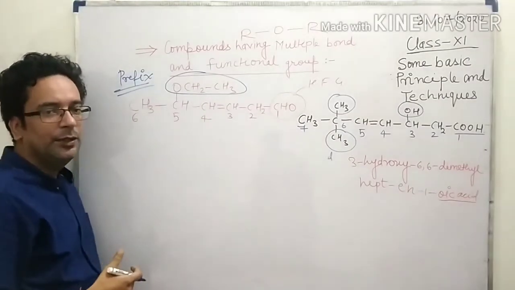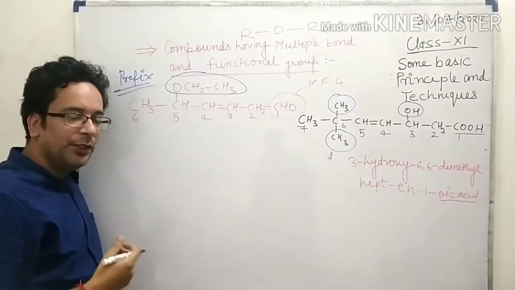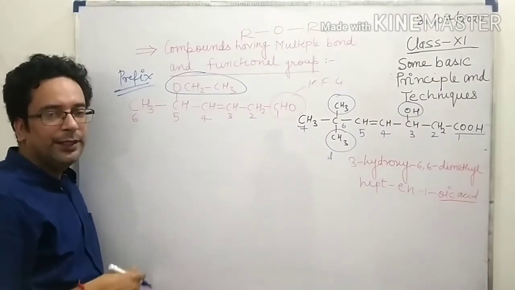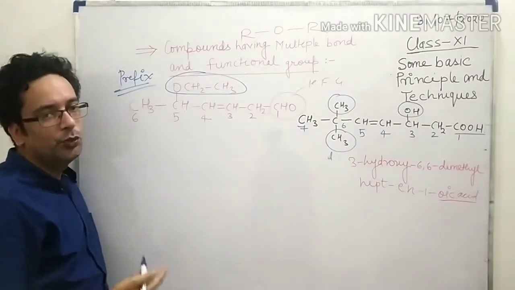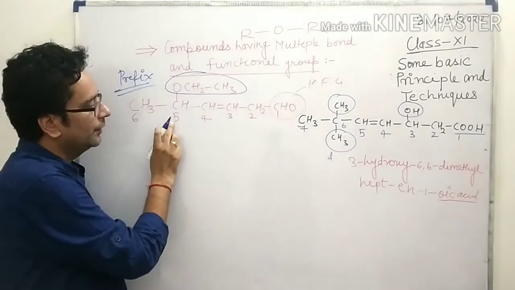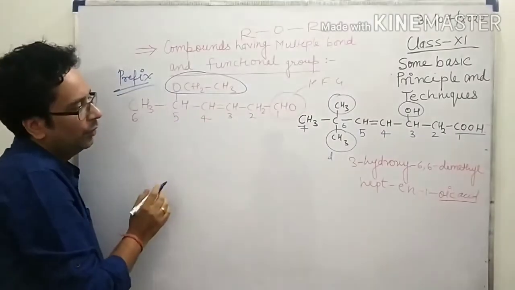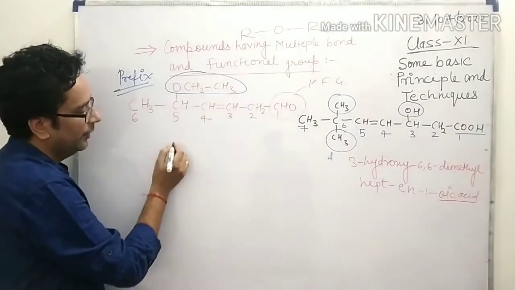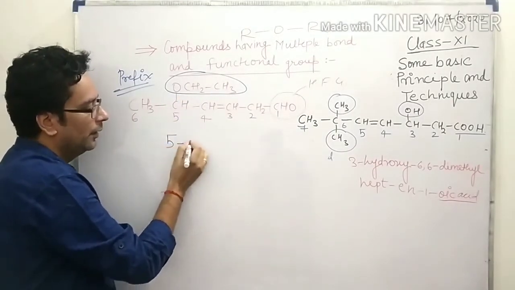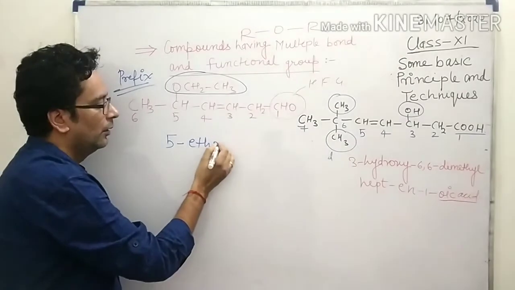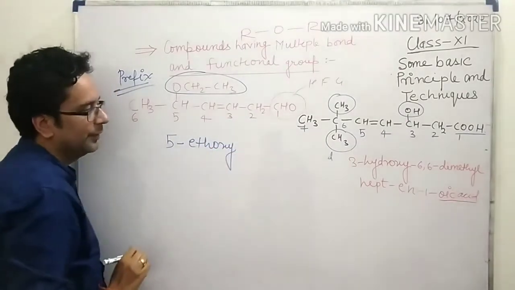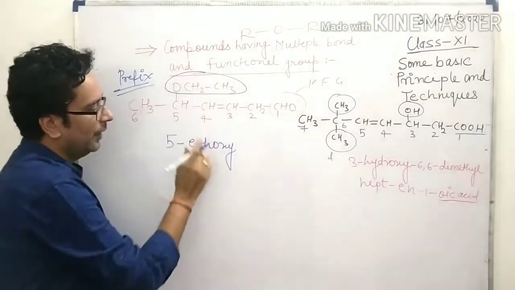Calculate the total number of carbons: if 1, methoxy; if 2, ethoxy. So it is ethoxy because there are 2 carbon atoms. So what is the name of this compound? Look here, 5-ethoxy. Now the total number of carbons is 6.